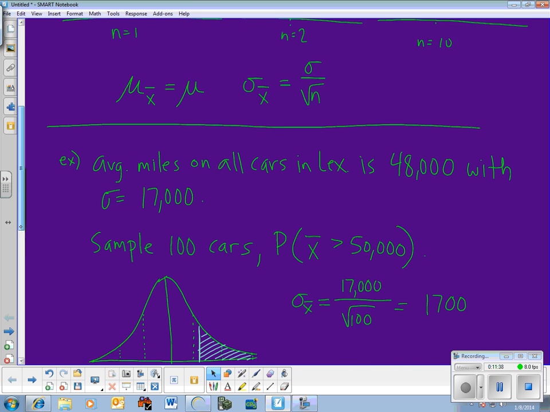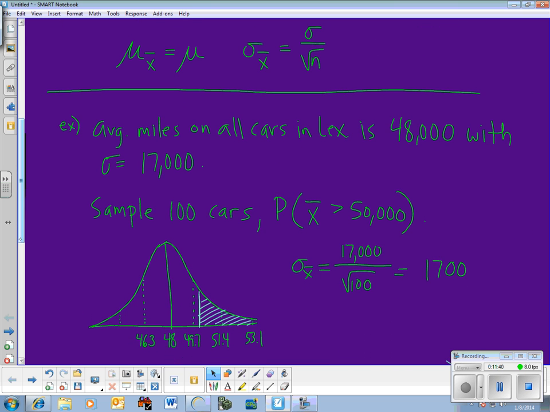So think about that in terms of this problem. One car at a time, are we at all shocked if it has more than 50,000 miles? No, not a bit. I'd say most of the cars in the school parking lot have more than 50,000 miles. If you look at two at a time, are you shocked if they average out to over 50,000? No. Mine and a new car average out to more than 50,000.